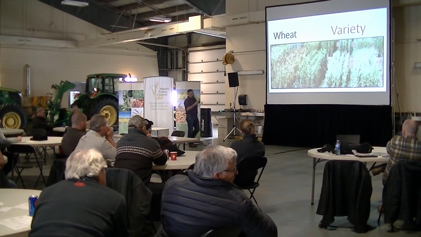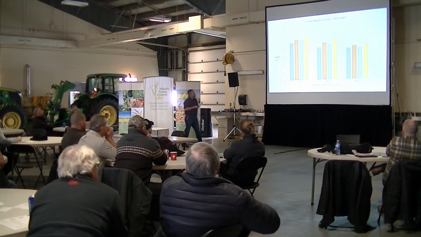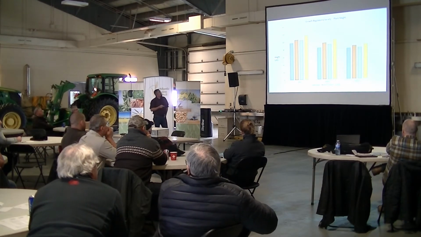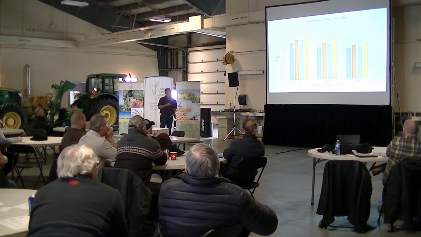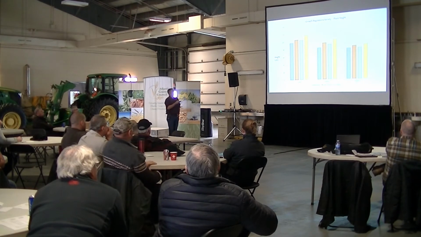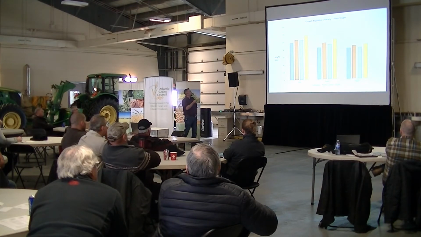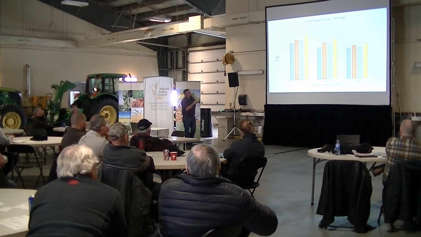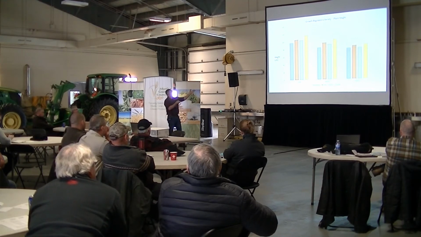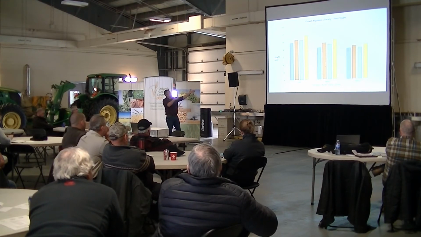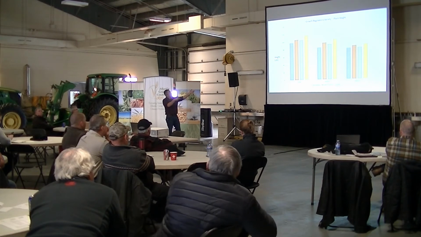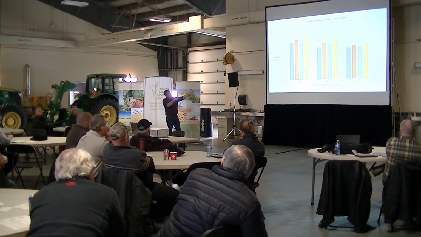When it comes to variety, this is what we saw. Do the plant growth regulators affect varieties differently? The stats said, yeah, they kind of do, but not really. If you look at these numbers, and this is just in terms of height, what we'd be looking at here are trends. The trends seem to look the same, where height is highest in the control plots.